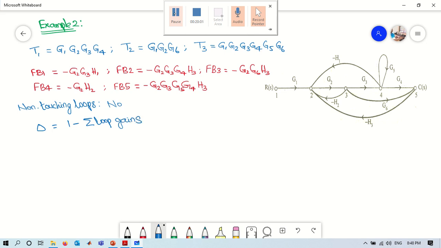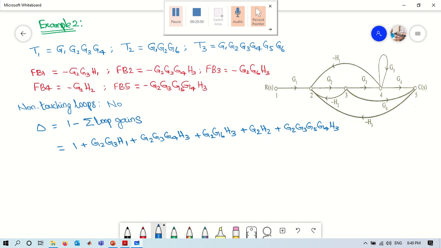Since there are no non-touching loops here, I'll directly write with plus: G2 G3 H1 plus G2 G3 G4 H3 plus G2 G6 H3 plus G2 H2 plus G2 G3 G5 G4 H3. So this is my delta.